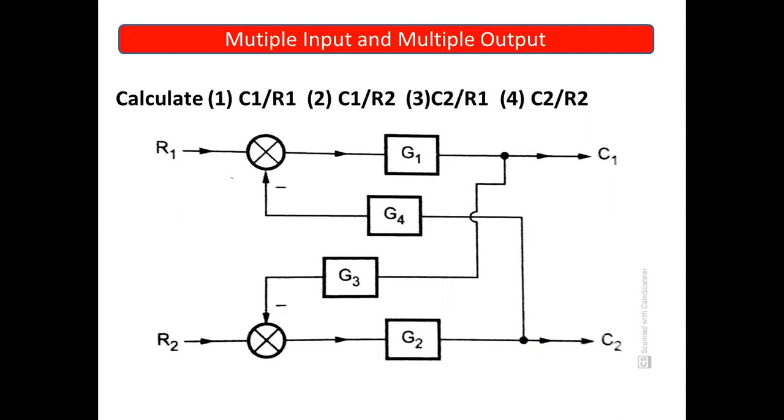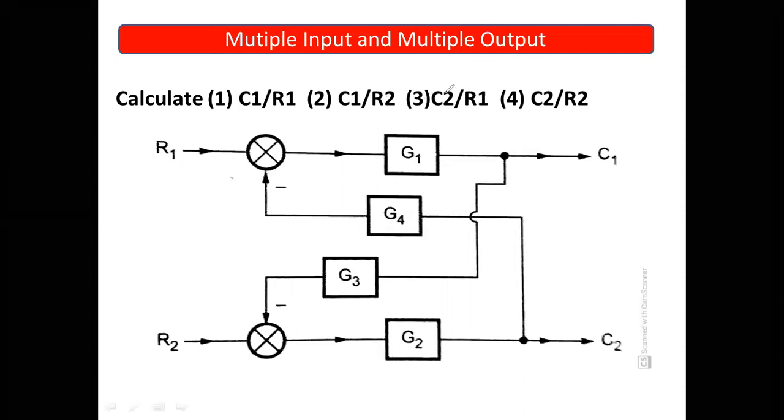On your screen, in the first case we have to calculate the transfer function C1 by R1. In the second case, C1 by R2. In the third case, C2 by R1. And in the fourth case, C2 by R2.